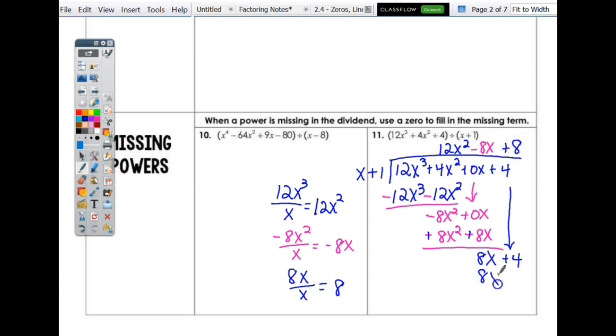So that gives me 8x and 8. And I have to subtract. So I have a remainder this time, which is perfectly fine, no problem. So my answer is this. Now, for the remainder, we're always going to add the remainder and then put the minus 4 on top.